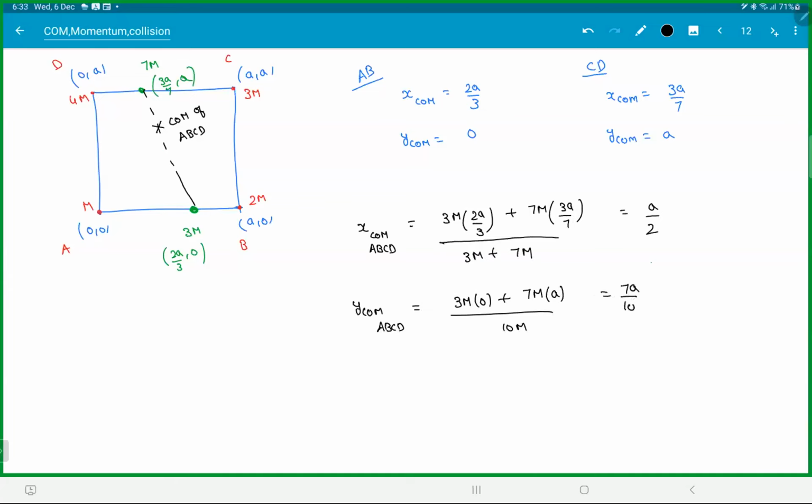If you find it for all four particles directly, you get the same answer. Making sense? So this will be our first property that we can put down.